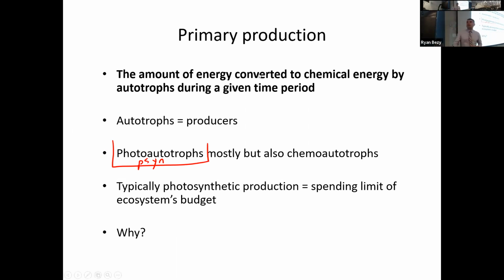Because photosynthesis is the production part. And production is the amount of sunlight energy harvested by those producers, those autotrophs.